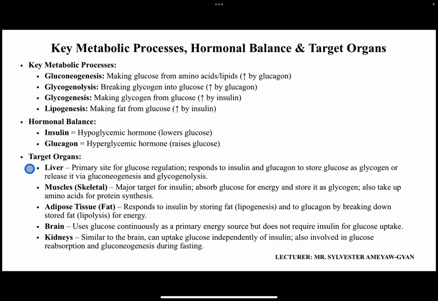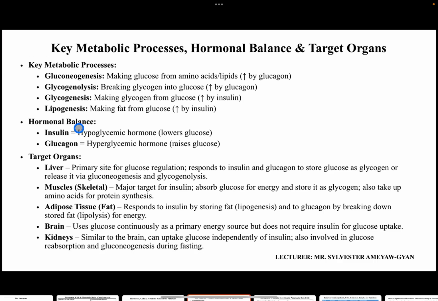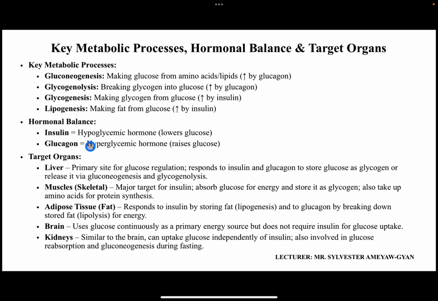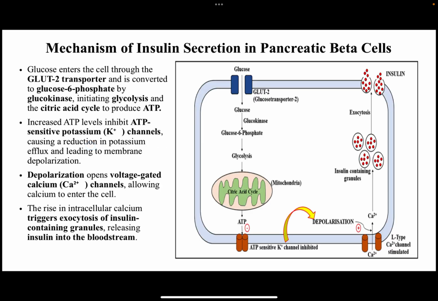So basically, these hormones act on the liver, muscles, adipose tissues, brain, and kidneys. These are the metabolic processes that occur because of insulin and glucagon in the body.